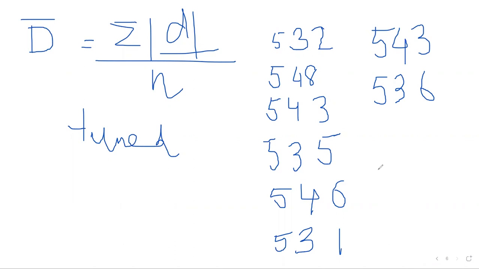Now you have to calculate number 1, arithmetic mean. Second, deviations from the mean. Third, average deviation.